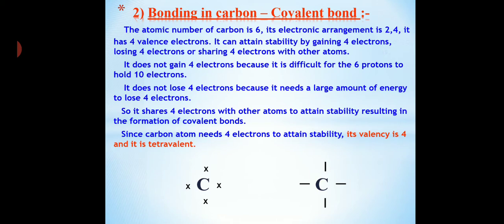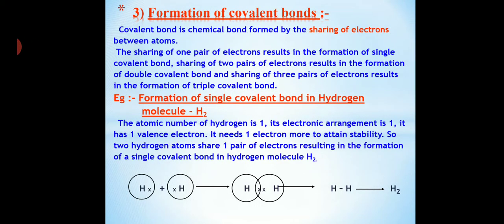So this element is called tetravalent. I hope this is clear. Let's proceed further. Now let us study how a covalent bond forms in a carbon element.